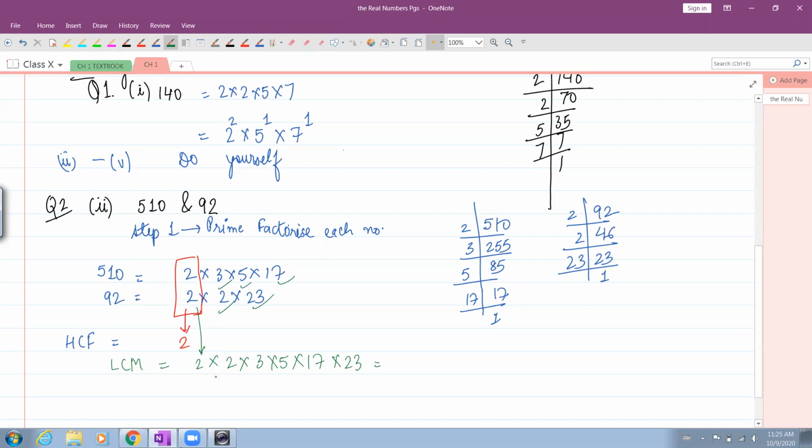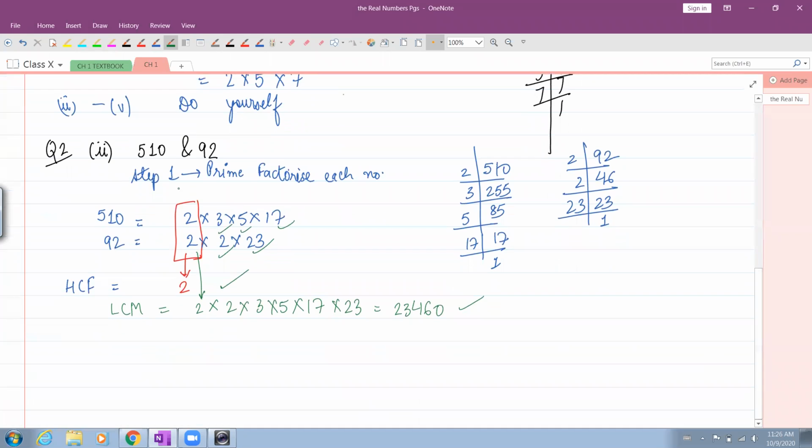Find out the product. 23,460. So we have the HCF and we have the LCM of the numbers. This is the first part of your question done.